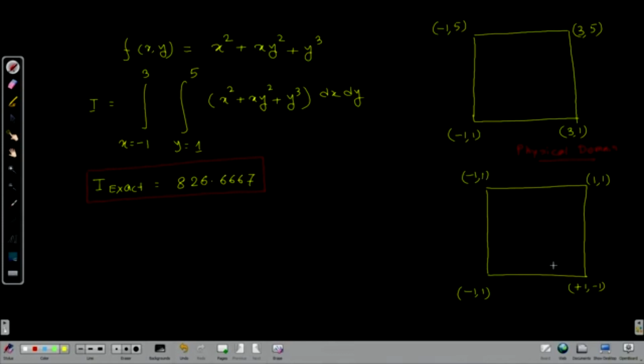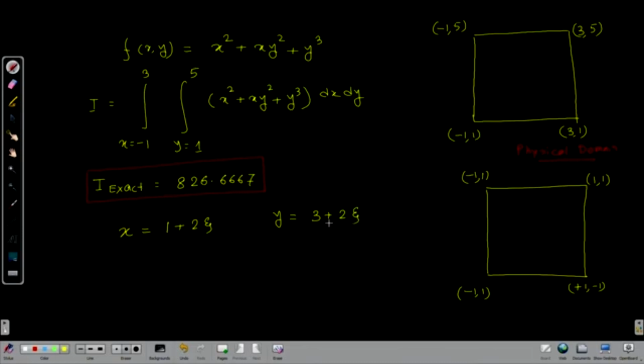So x needs to be written in terms of xi and eta, y needs to be written in terms of xi and eta. Let us do that. So x is equal to 1 plus 2 xi. You can verify this. And y is equal to 3 plus 2 eta.